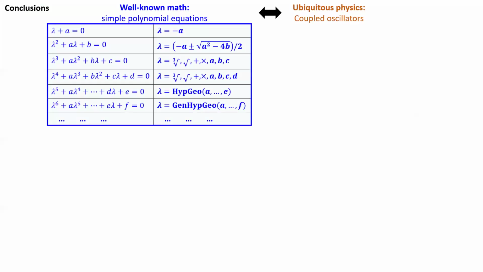As a quick conclusion, there's a sort of nice thing, which is that a bit of well-known math that is even kind of fun to learn about, curiosity about the form of solutions to polynomial equations, has a nice direct one-to-one correspondence to the behavior of coupled oscillator systems.